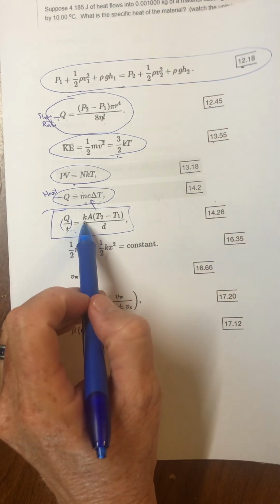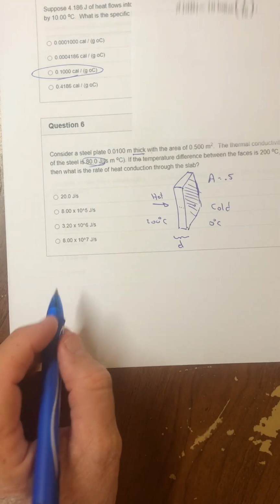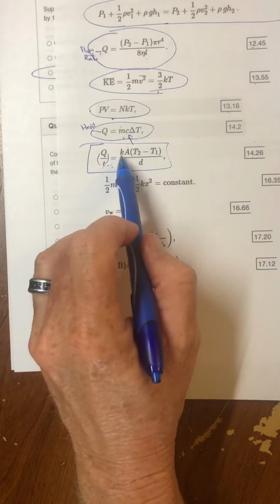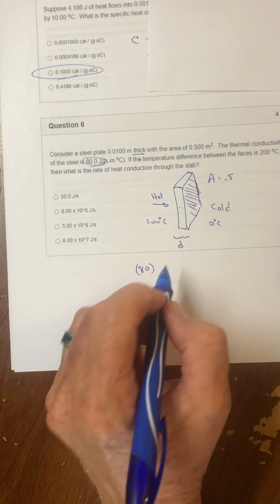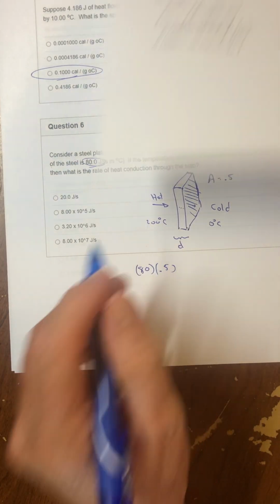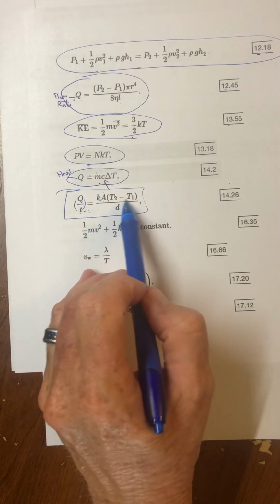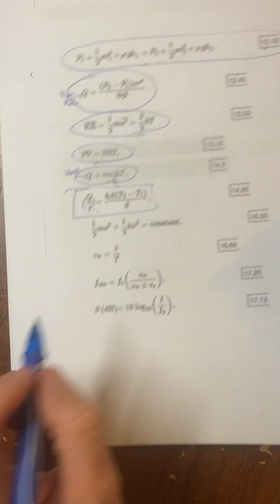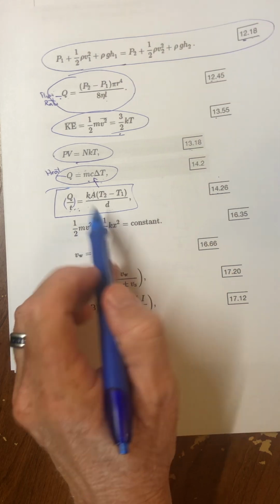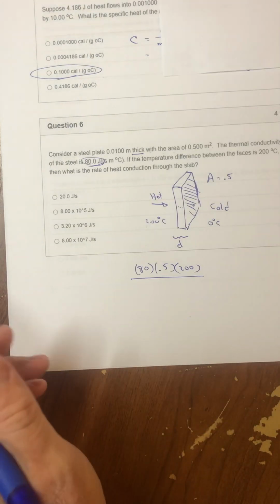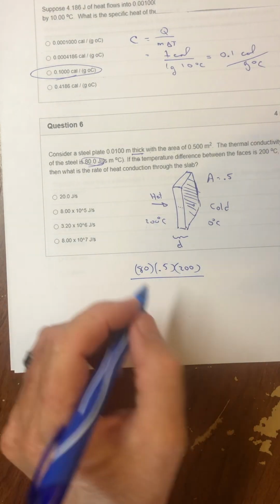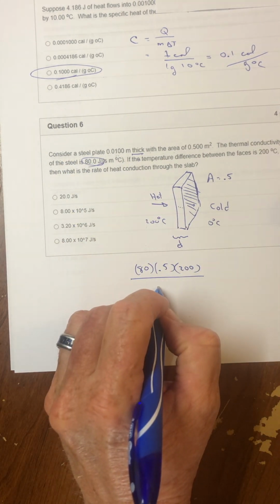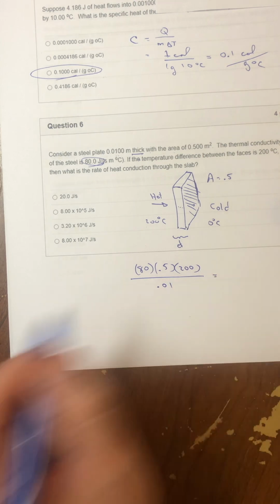Okay, so we need the K, the thermal conductivity of it, that's the 80. Then we need the area, that's the 0.5. Then we need the temperature difference, that's the 200. And then we need the distance that the heat gets conducted. That's the D, that's the thickness of it, so that's the 0.01.